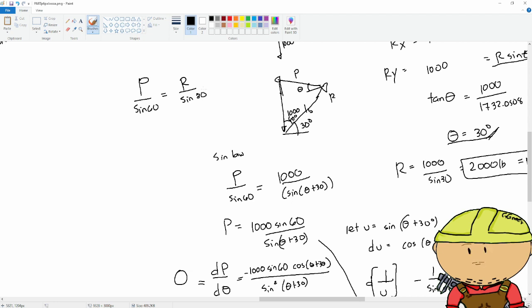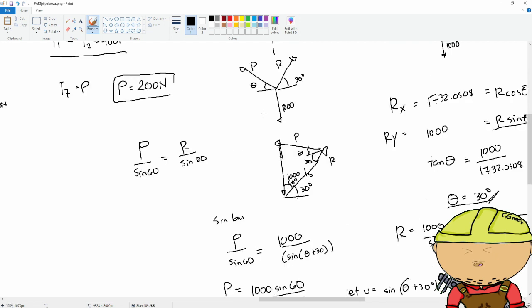Why is it 30? Because theta is 60 degrees, so this one is 30 degrees, so it's going to be a 90 degree angle with the 1,000 pound force at the opposite of the 90 degree angle, then P is opposite of 60 degrees and R is opposite of 30 degrees.